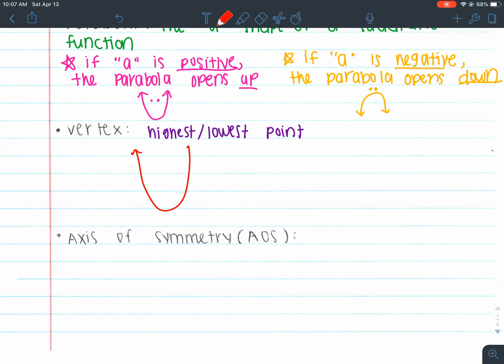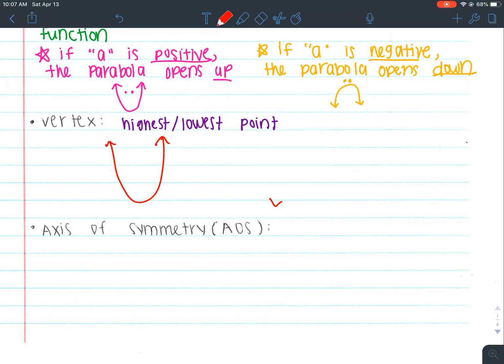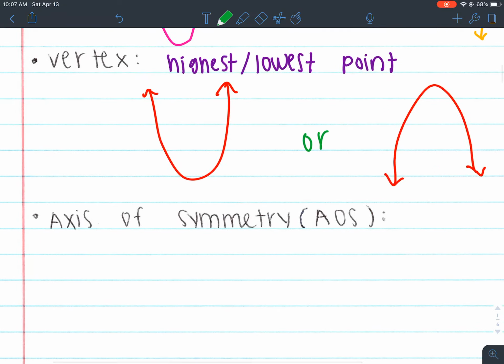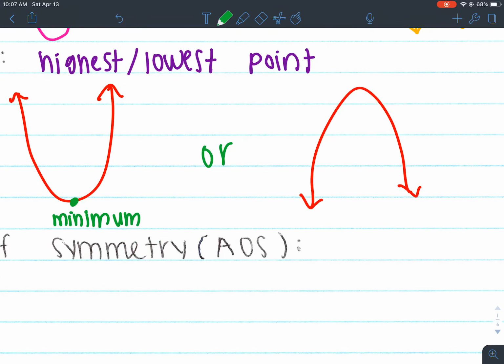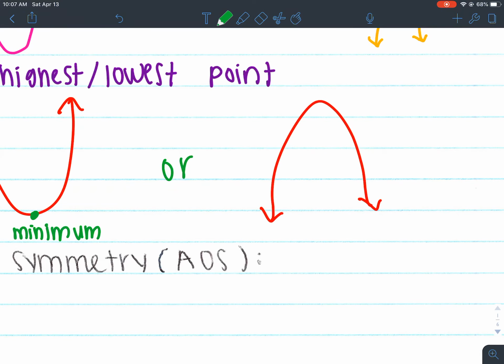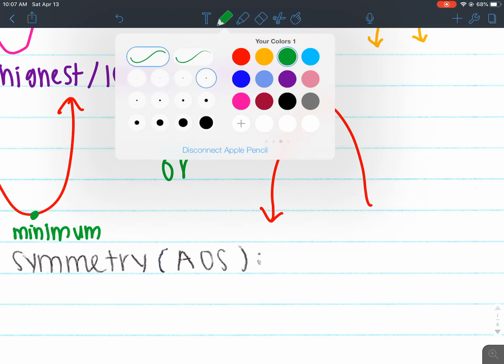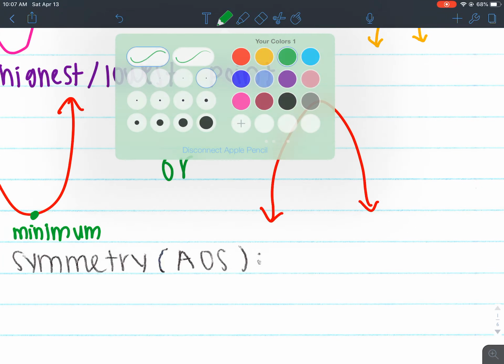It's either going to face up or it's going to face down. Now, if you have a parabola that faces up, are you going to have a lowest point or a highest point? You're going to have a lowest point, so that's going to be your minimum. That's the minimum point, the lowest one. If your parabola faces down, you have a maximum point.